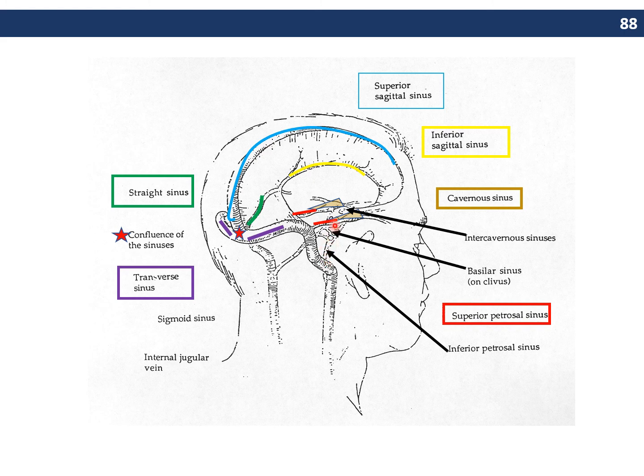The inferior petrosal sinus communicates with the basilar sinus on the clivus, and then the cavernous sinuses are shown here, which communicate not only with the superior petrosal sinuses, but, as you'll see when we discuss the venous drainage of the orbit, are also connected to the orbital venous drainage, as well as being closely associated with the pterygoid plexus that we saw in the infratemporal fossa.